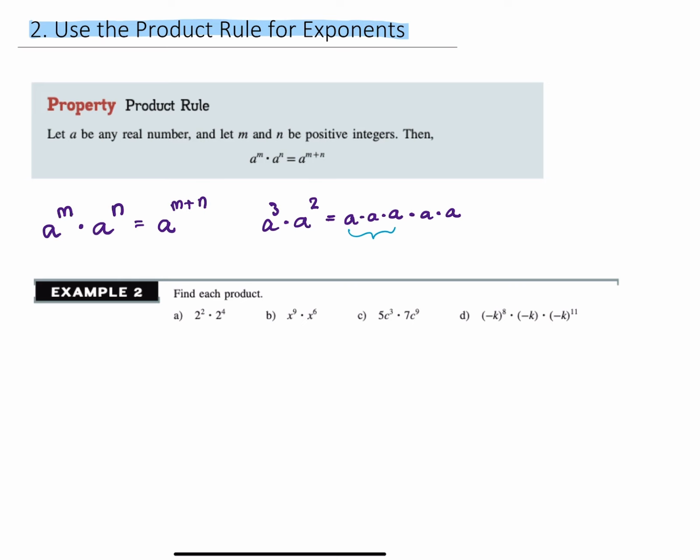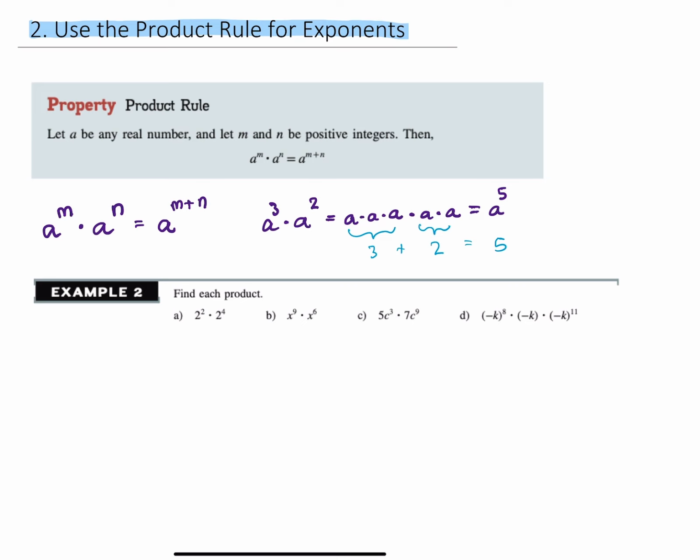So we have 3 here and 2 here. Altogether, there should be 5 total a's. So this can be written as a to the 5th power. So we can just add the exponents together.